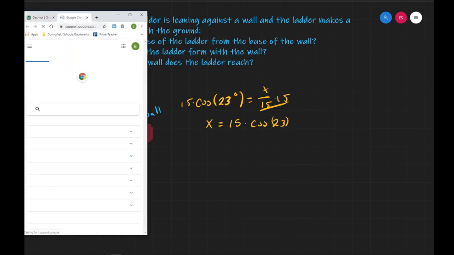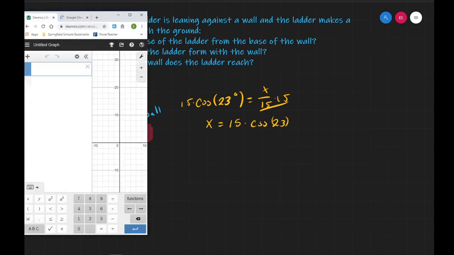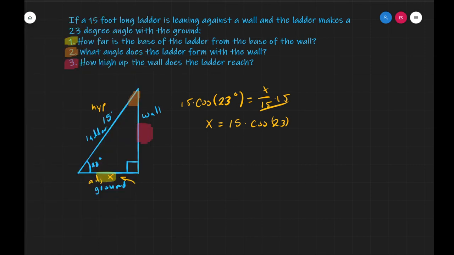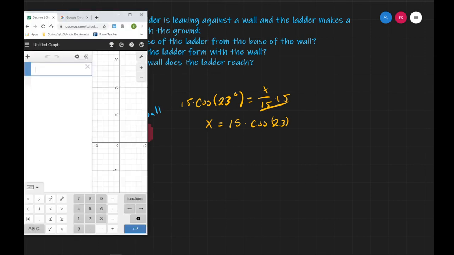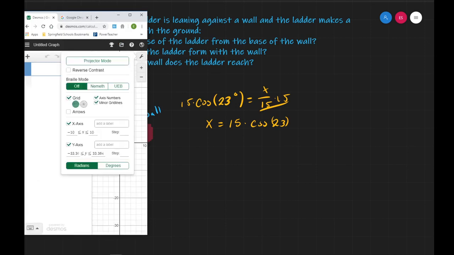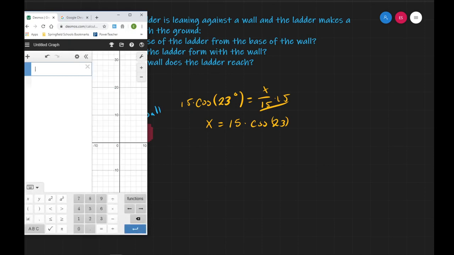Then, grabbing our handy-dandy Desmos calculator, we can find that once we change our Desmos calculator into degree mode, because that's what we're dealing with here. If we take 15 times cosine, which is in our functions menu under trig, 15 times cosine of 23 degrees is going to be 13.8-ish.